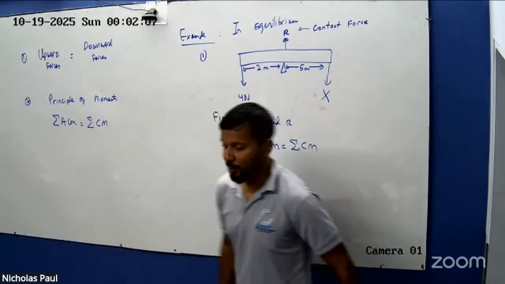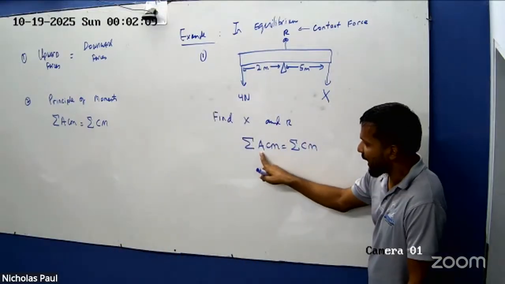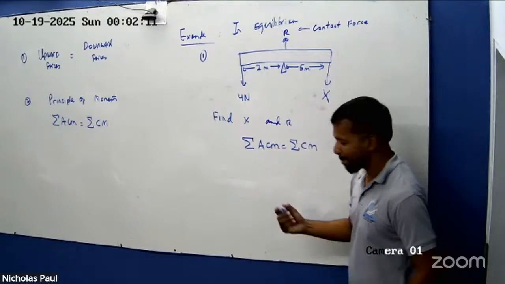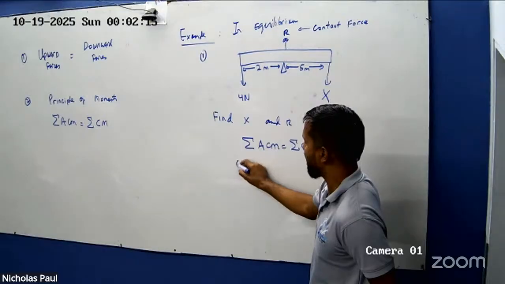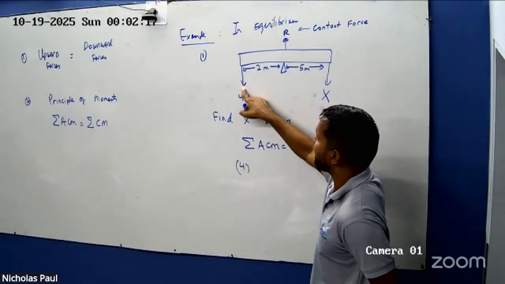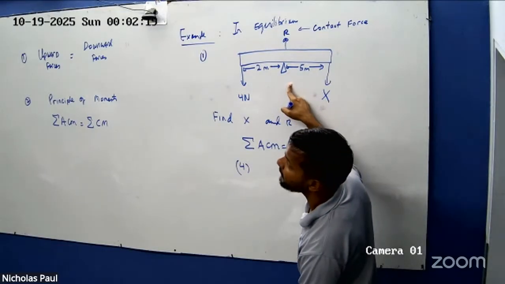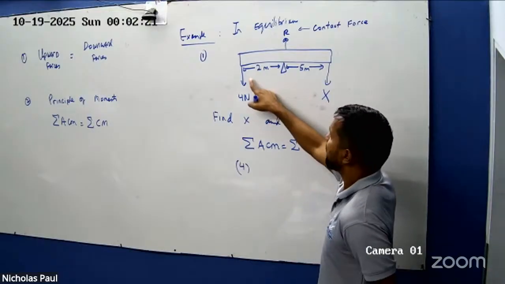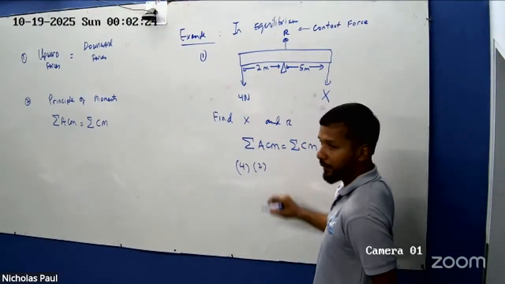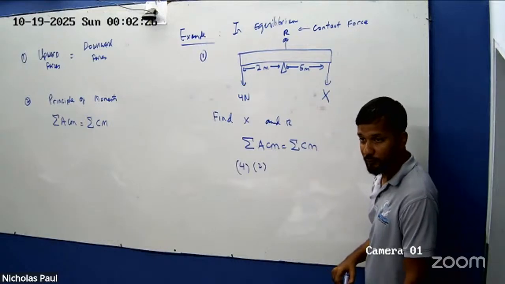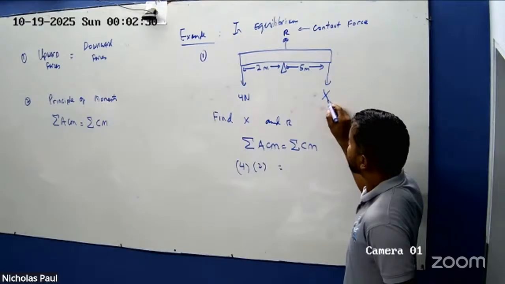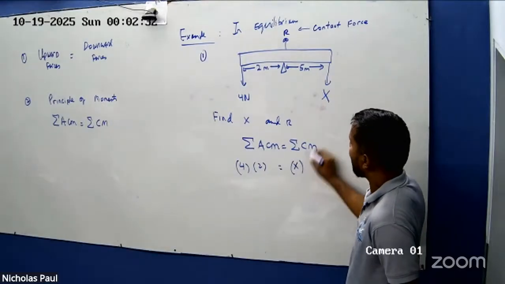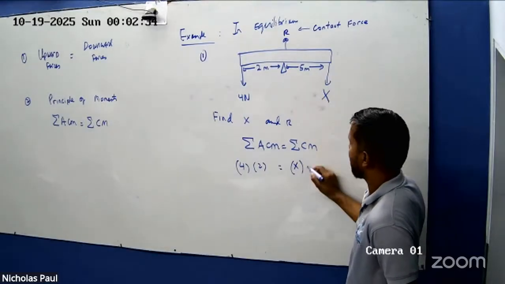So what does the formula say? Anti-clockwise moment. How do I find the anti-clockwise moment? The 4 multiplied by the distance away from the pivot. The 4 is 2 meters away. You okay with that? What about x? How far is x from the pivot? 5.